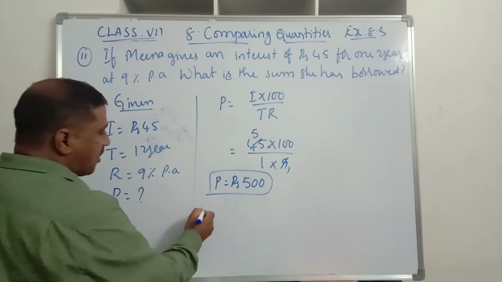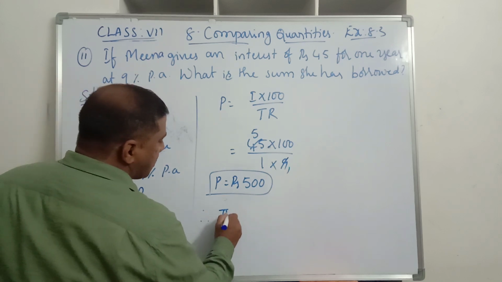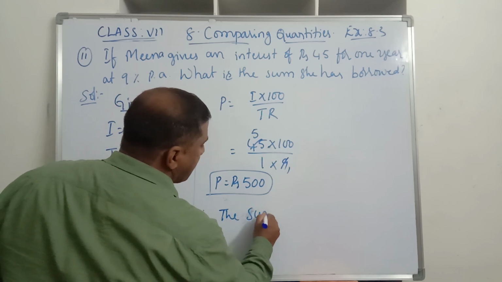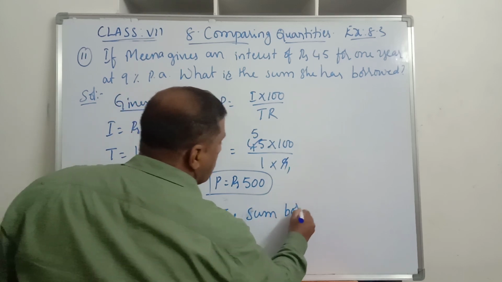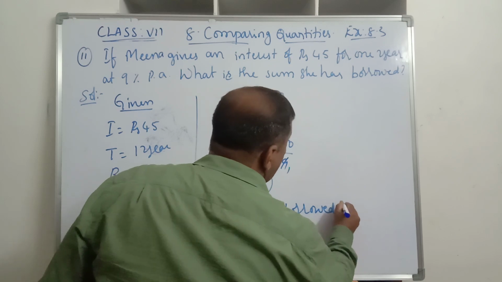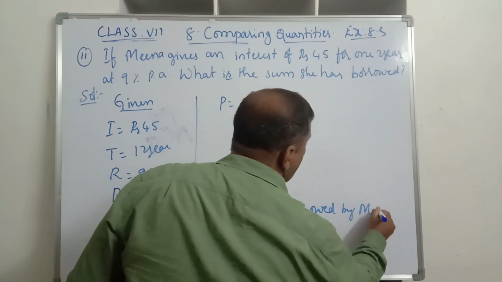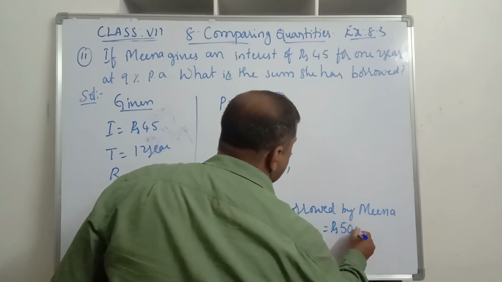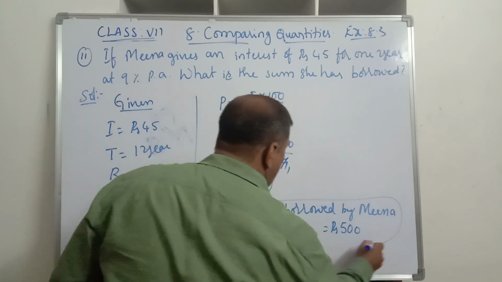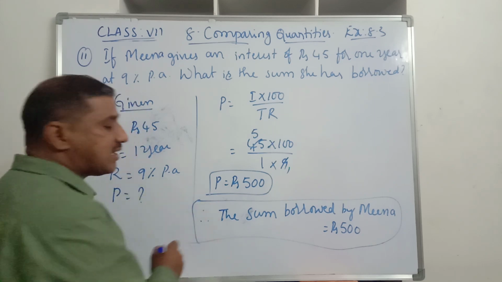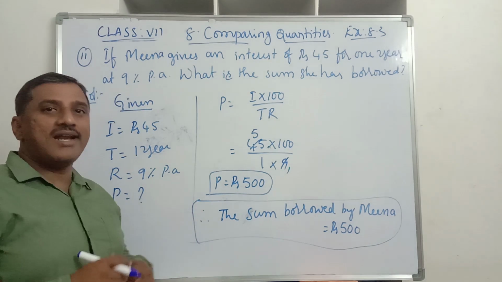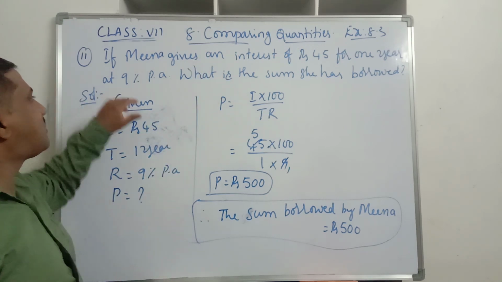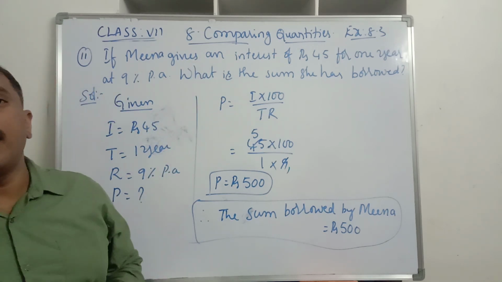Therefore, the amount, the money or the sum borrowed by Meena is equal to rupees 500. She borrowed rupees 500, and for interest she paid 45 rupees for 1 year at 9% per annum.